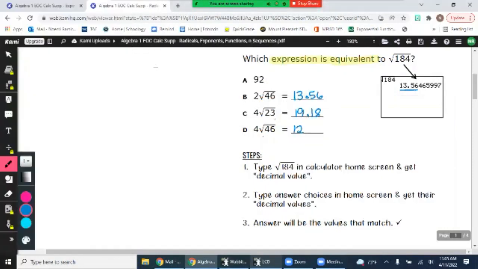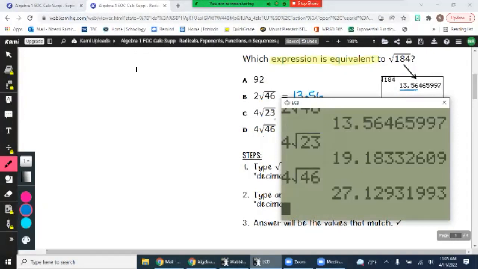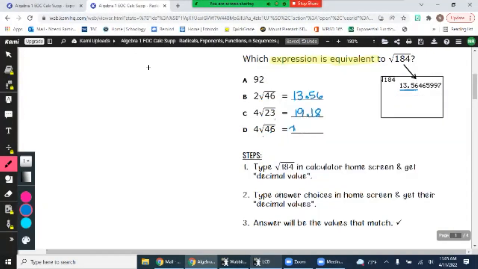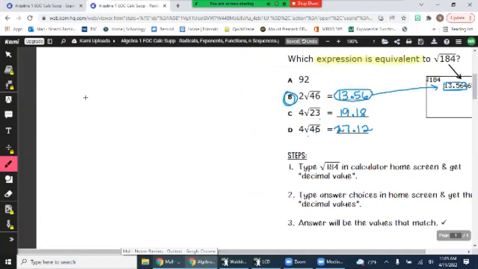Don't worry about rounding, as long as you're able to see in general, get close enough to it. And then you'll notice this one matches this one, 13.556. So your answer choice is B. Those two are equivalent, they're equal.